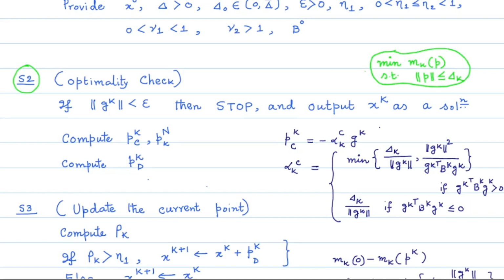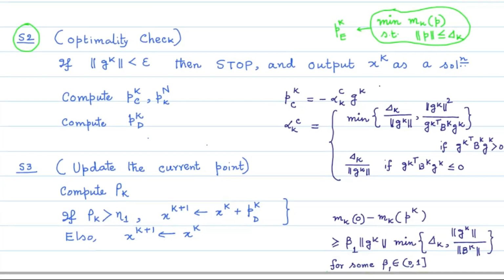If execution of an exact solution of this trust region subproblem is not easy, then we can go with an approximate solution, provided that approximate solution is having a sufficient decrease property, which is identified by this inequality.